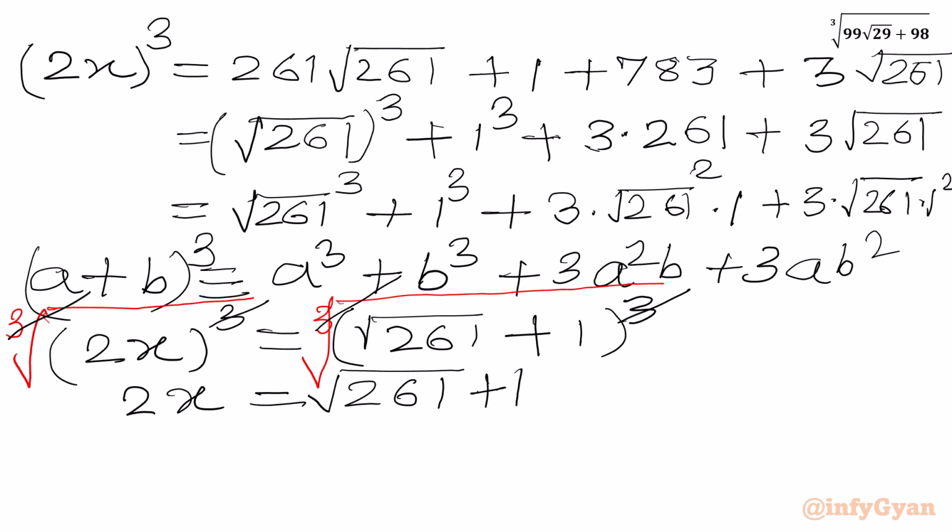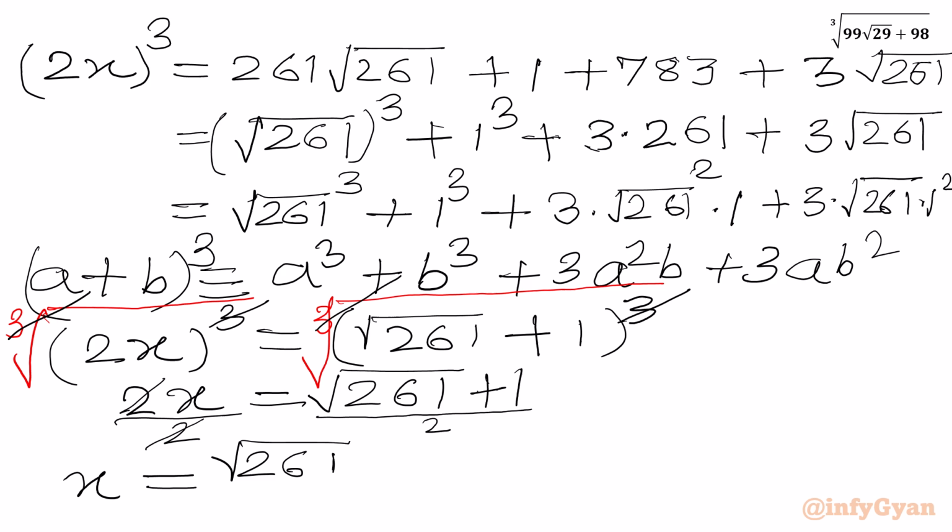Let's divide both sides by 2. Now this 2 and the denominator 2 will be over. We will get our required expression x equal to square root 261 plus 1 over 2.